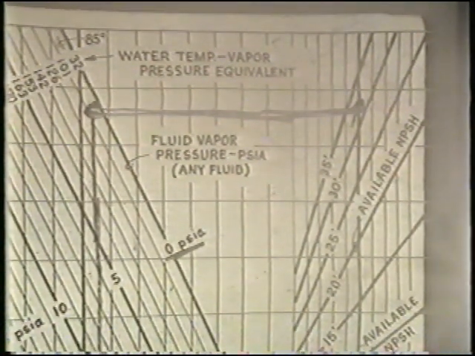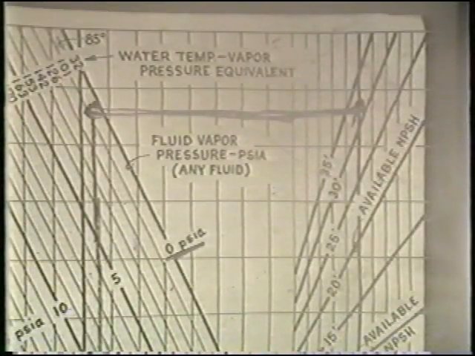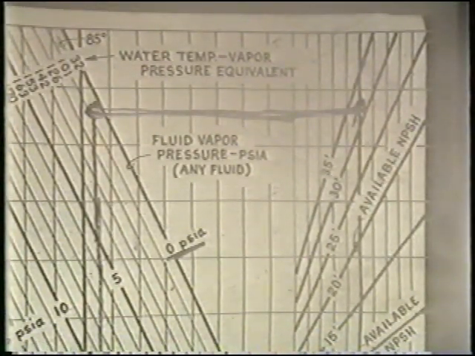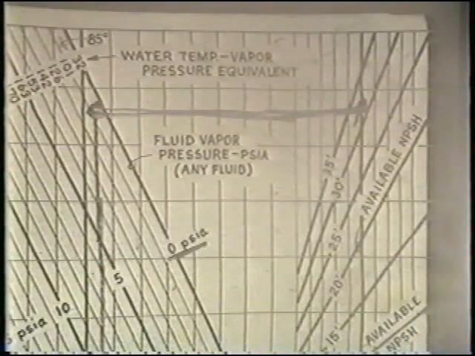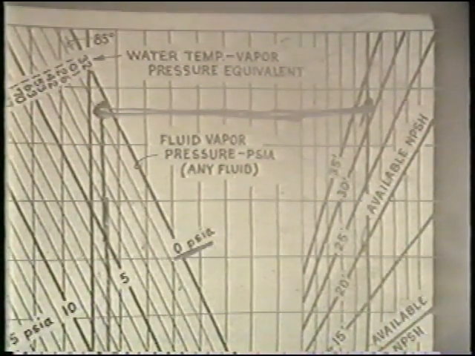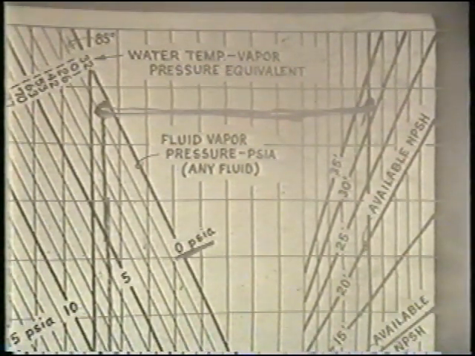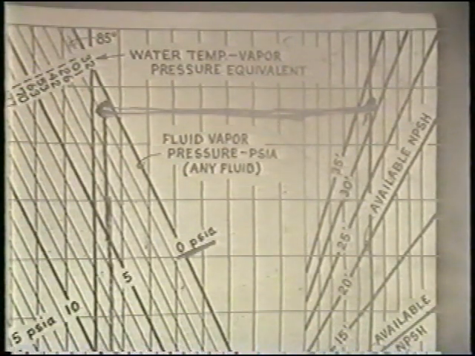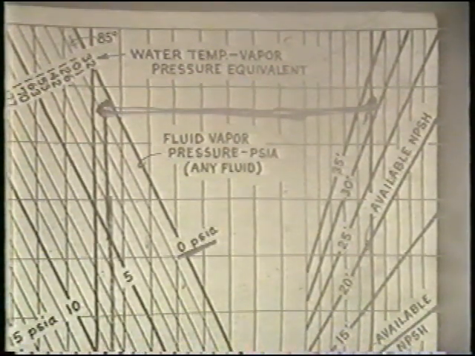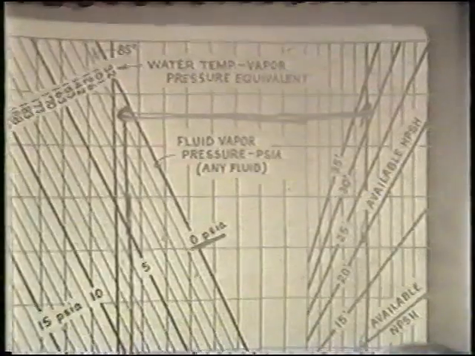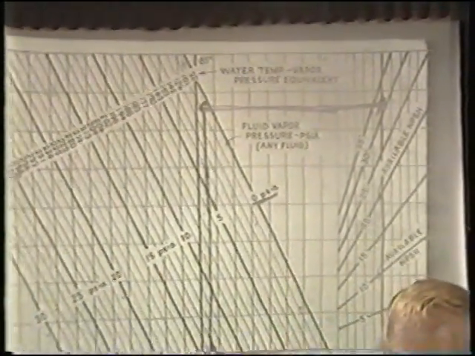Now then, given this consideration, all that we have to do is to select a pump which has a required NPSH of less than the available NPSH shown on this chart.